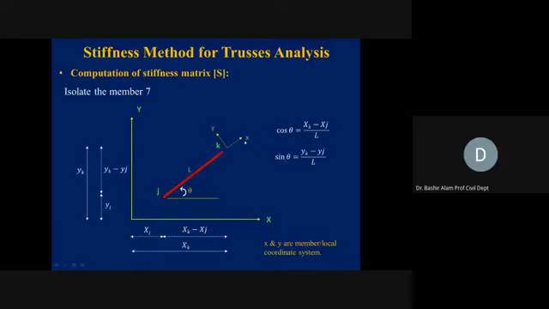Here, this green x-axis is the local axis of this member, and this is the y local axis of this member 7. J and K are the joints, and here you see the coordinates, how they are located. This capital X and capital Y are the global coordinate system. So this is the x-axis and this is the y-axis.